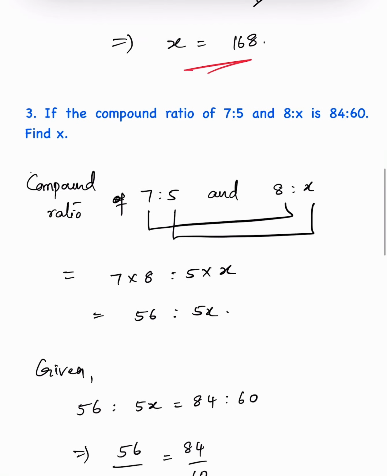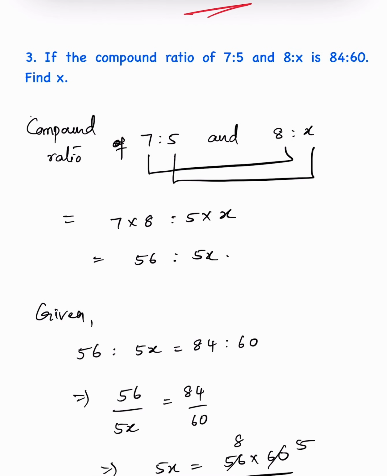If the compound ratio of 7:5 and 8:x is 84:60, find x. Same problem. Compound ratio of 7:5 and 8:x is 7 into 8, which is 56, is to 5 into x, which is 5x. So 56:5x is the compound ratio. But in the question it is given that the compound ratio is 84:60.